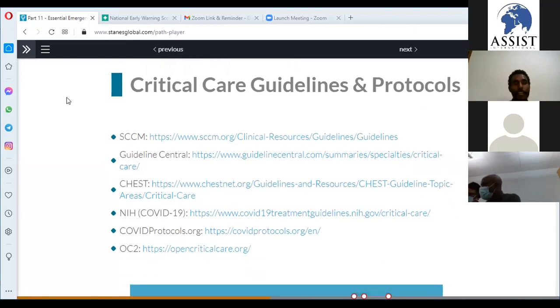So for further reading materials, you have different protocols and guideline links. You can see them in your daily practice as you want.